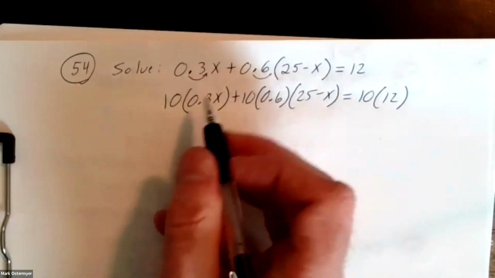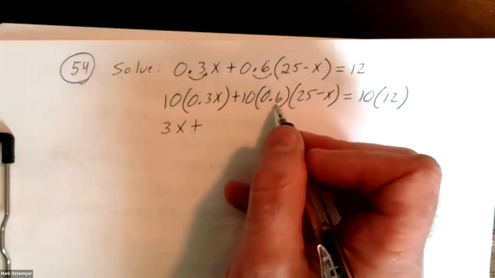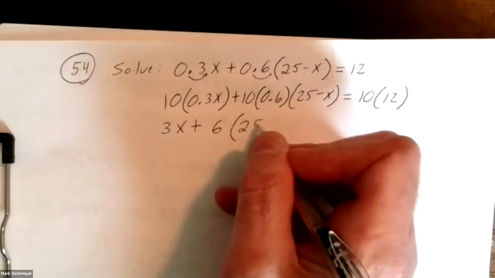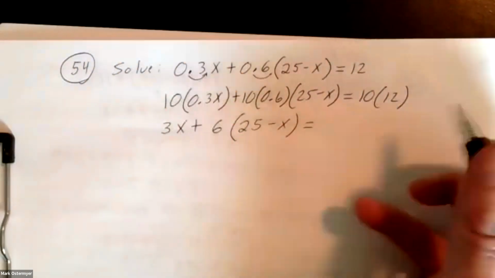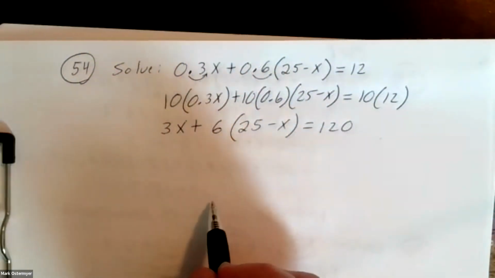10 times 0.3x turns this into a nice 3x. 10 times 6/10 turns 6/10 into 6. 10 times 12 on the right is 120. And now we have a much nicer looking equation, no more decimals.